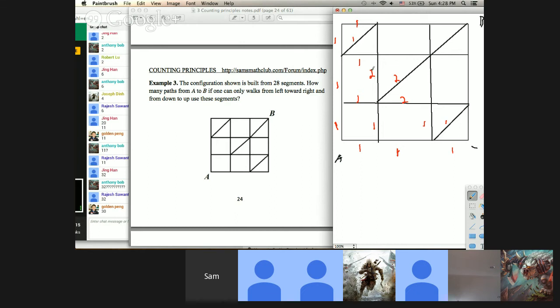Okay, and then at this point right here, the 2 and the 1 add to become 3. And then at this point, also the 2 and the 1 add to become 3.